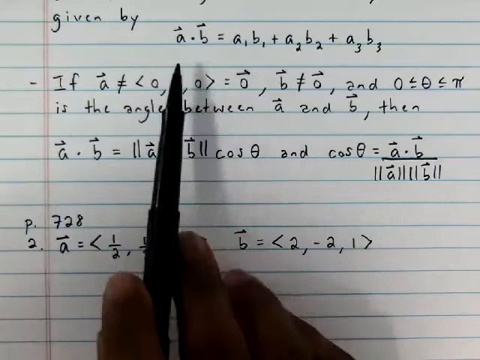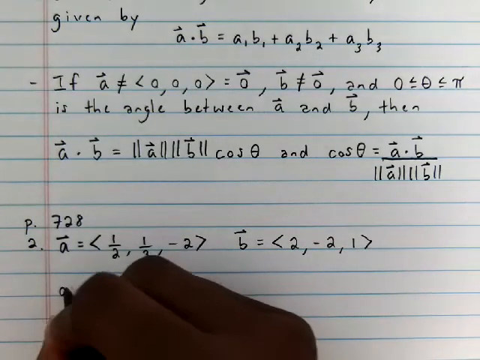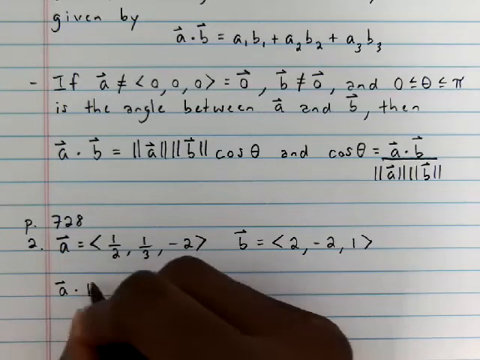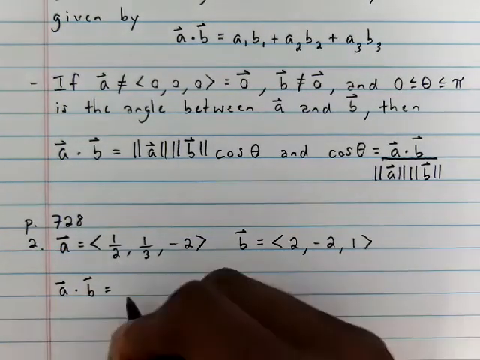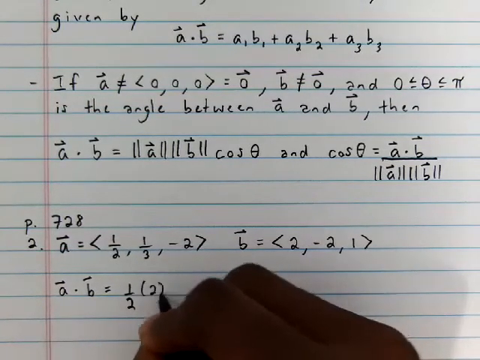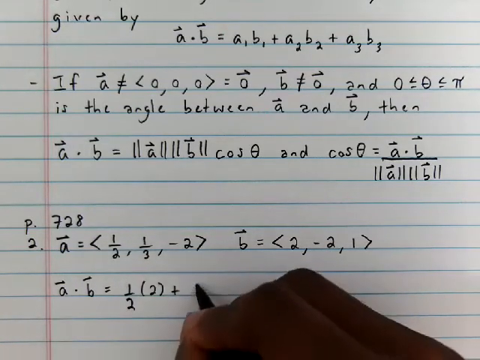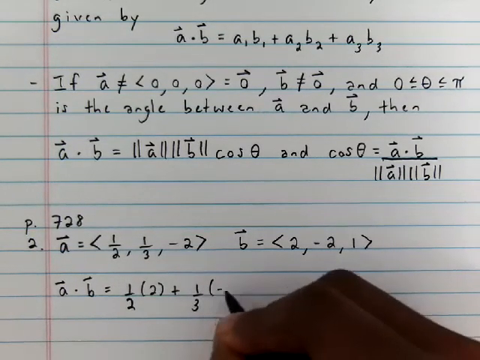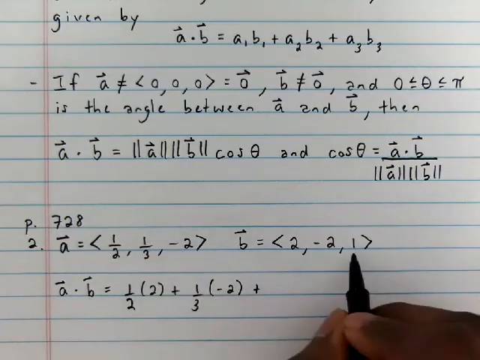So starting with this formulation, A dot B is equal to 1/2 times 2, plus 1/3 times -2, plus -2 times 1.